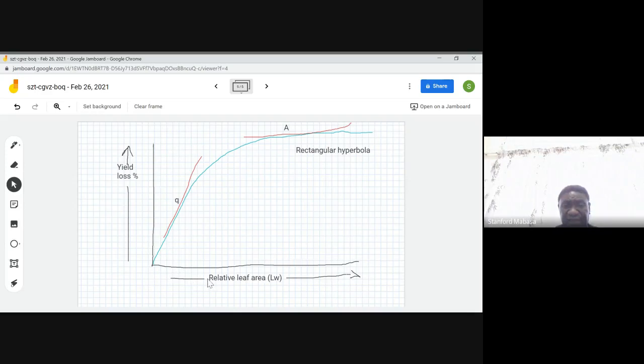And our x-axis is the relative leaf area, which is LW.